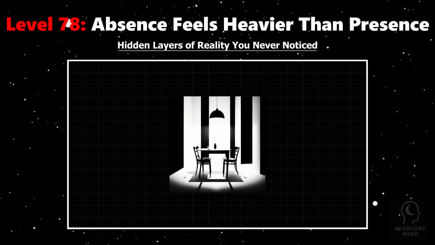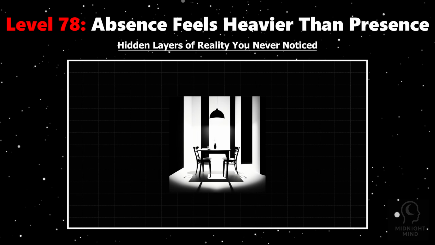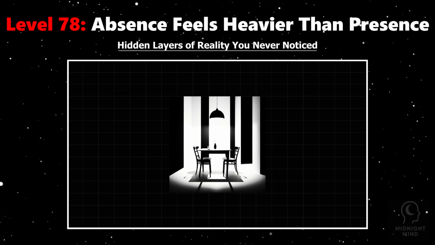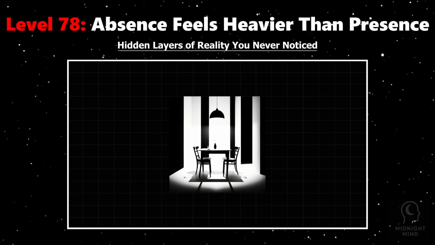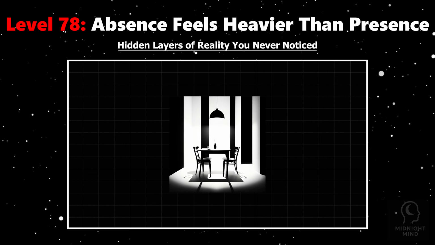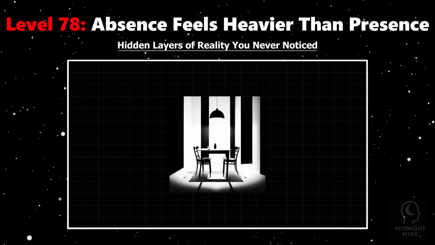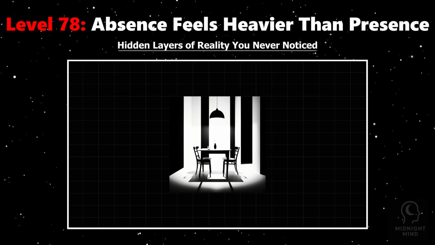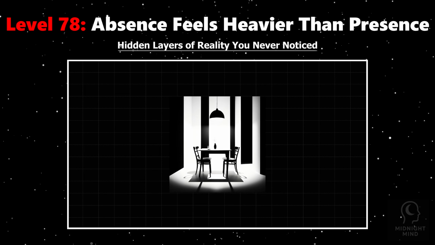Neurologically, brain regions like the amygdala activate strongly when confronted with absence, triggering emotional responses more powerful than those elicited by presence. This explains why a text unanswered or a forgotten birthday weighs on us deeply, creating emotional echoes that linger longer than joyful interactions. Absence also amplifies memory and imagination.